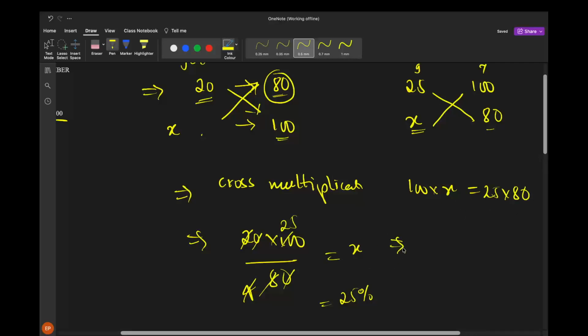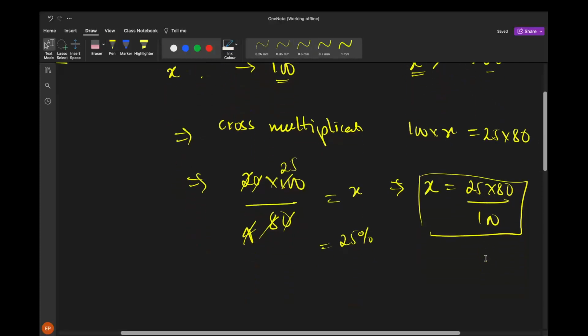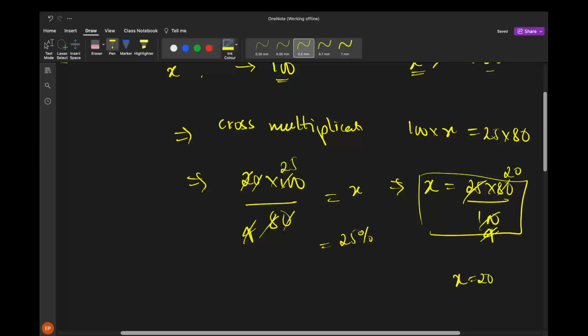Then x equals 25 into 80 divided by 100. How much do I get here? 25 fours are 100, 4 ones are 4, 20. Means I am getting 20 for 80.